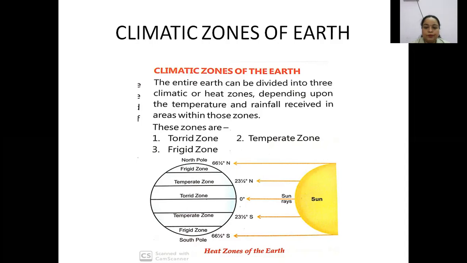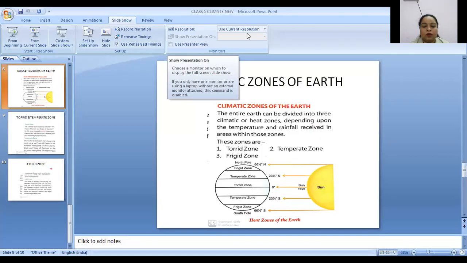So children, this is what the chapter is all about. Today I will tell you important things about this. This chapter contains weather and climate, a very important basic chapter for your future classes.